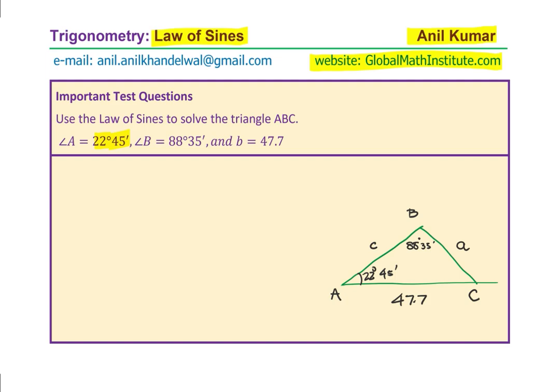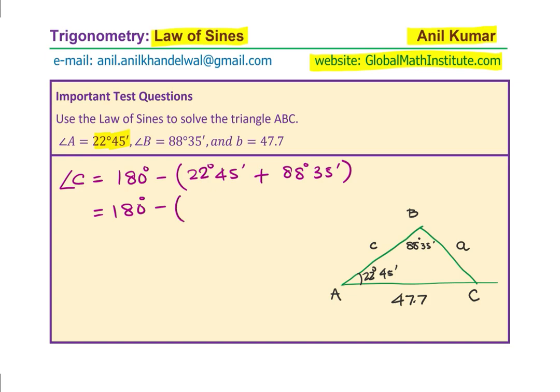The sum of angles in any triangle is 180 degrees, and therefore angle C should be equal to 180 degrees minus the sum of the angles given to us, which is 22 degrees 45 minutes plus 88 degrees 35 minutes.